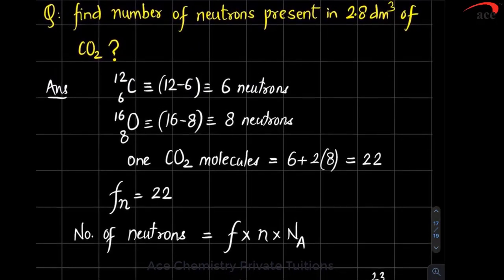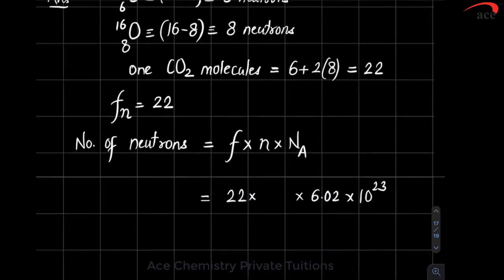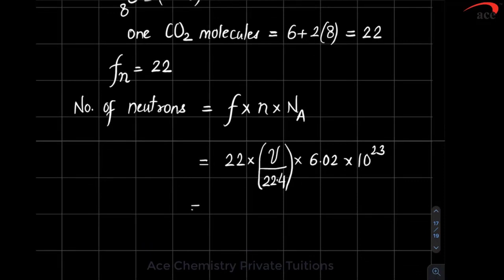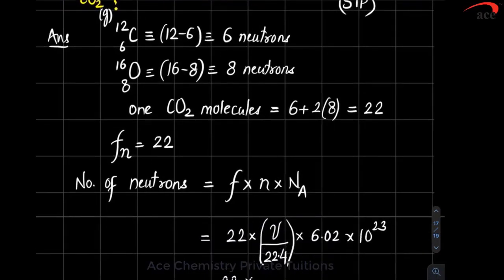For that you should go back to the data. Data given is 2.8 decimeter cube. There is a volume given of a gas but with no information whether it is at STP or non-STP. If no data is given, we'll consider it as STP. So that means they have given volume at STP, then you will divide by 22.4, you will get number of moles.